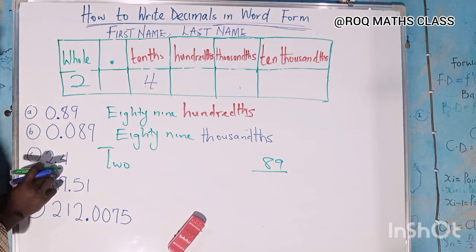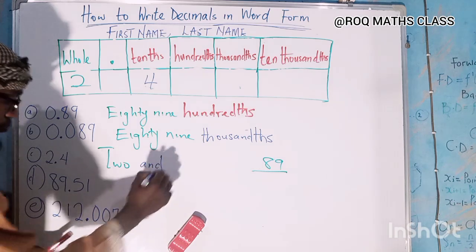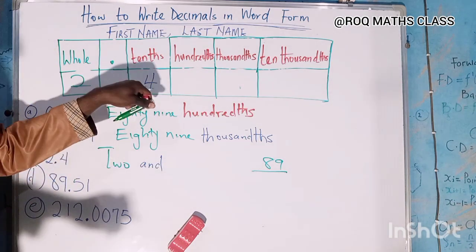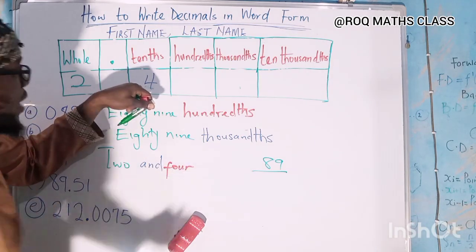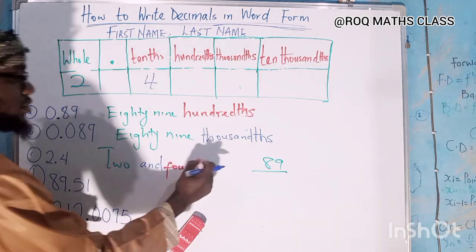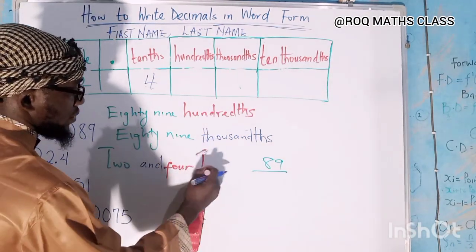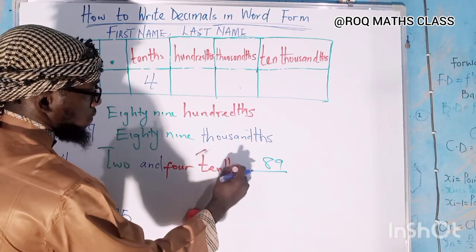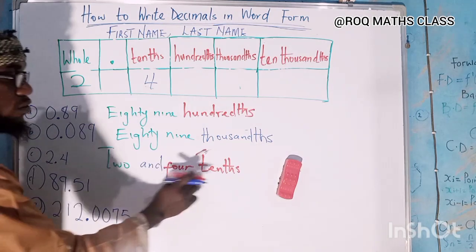Then our point serves as "and". I have my "and". Then my first name is 4. And the place value of the 4 is the last name, which is tenths. So this is now 2 and 4 tenths.